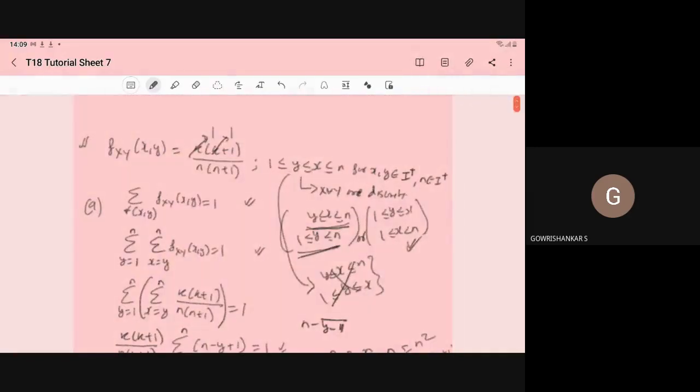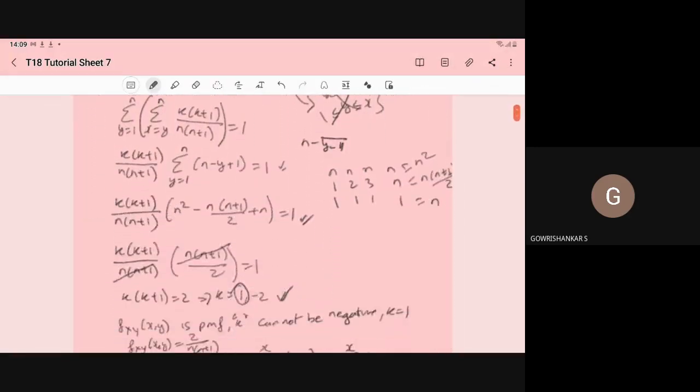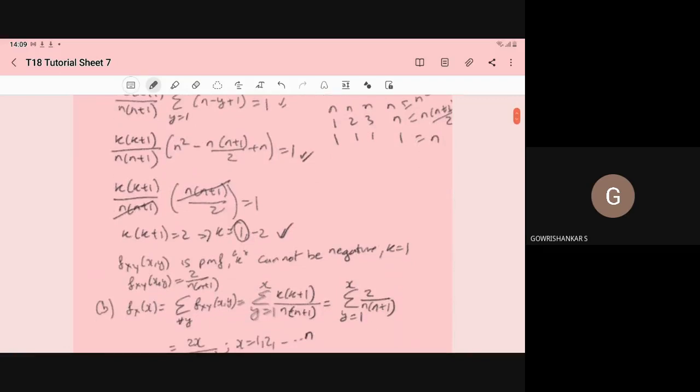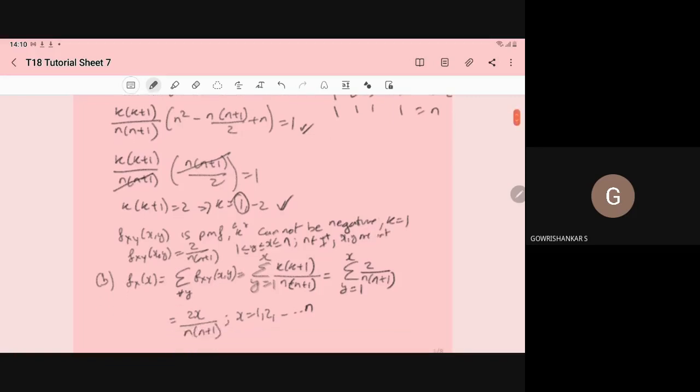So here we have f(x,y) equal to 2 upon n(n+1), and whatever the limit is, you have to write that limit, and n belongs to positive integers. Here x and y are integers. Whenever you write the function, you always have to write the appropriate limit also. Otherwise, it is incomplete.